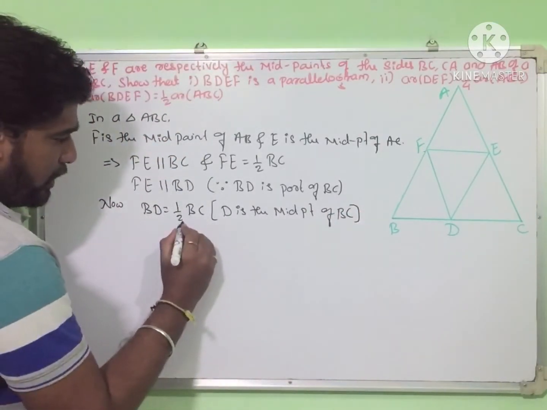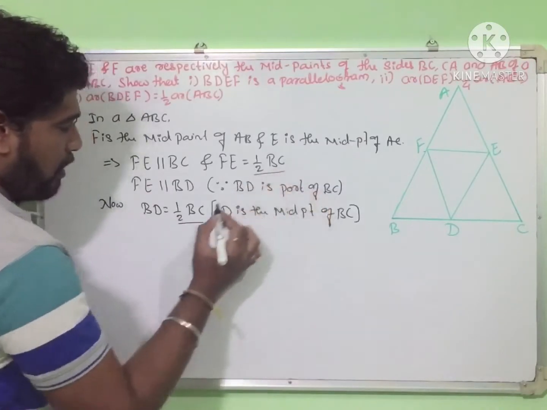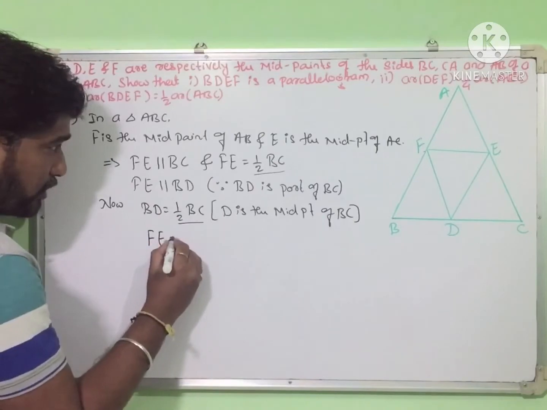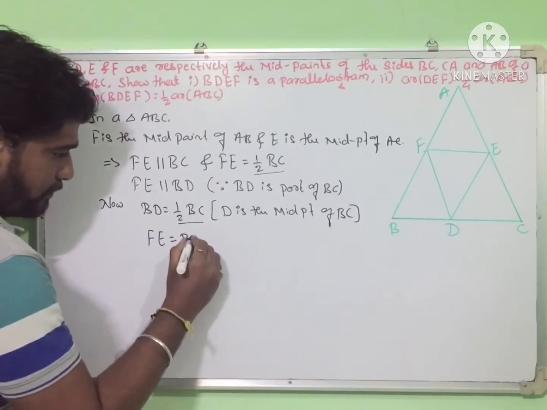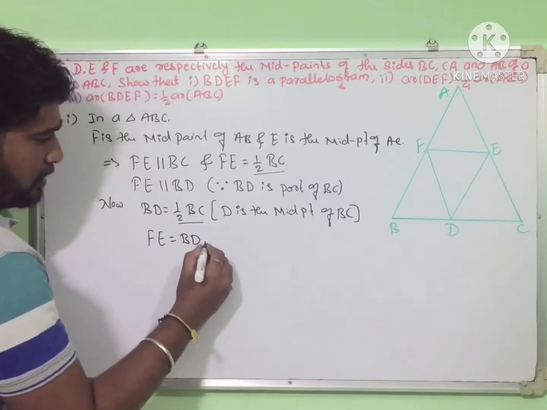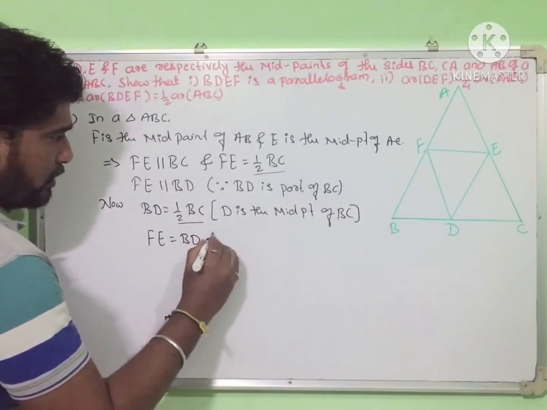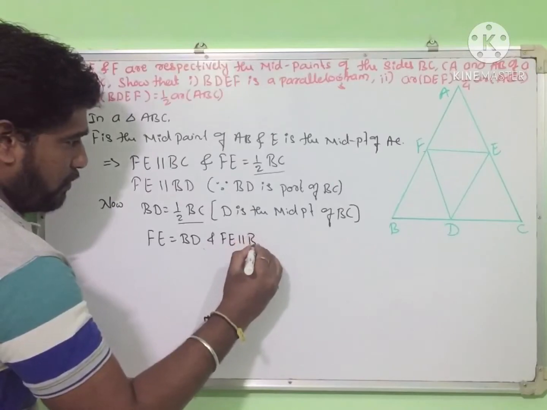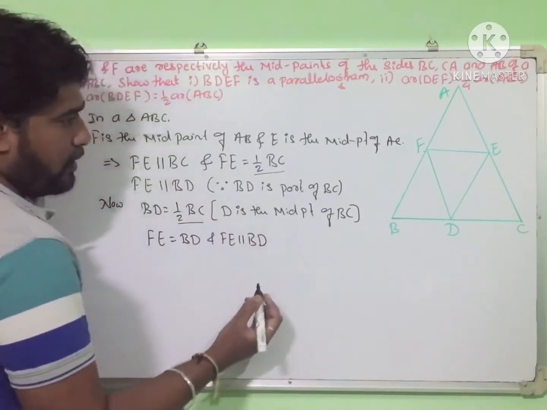So see here is half of BC and here is half of BC. It means FE is equal to BD, right? And FE is parallel to BD, right?